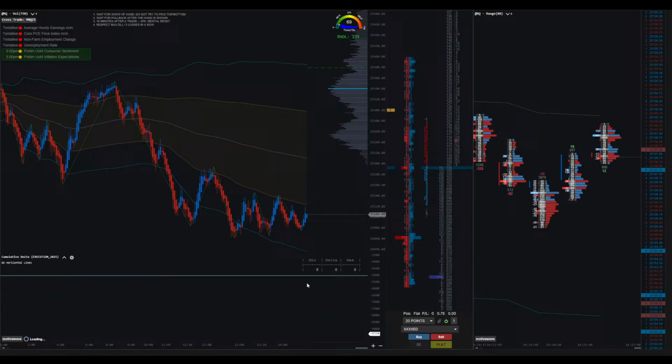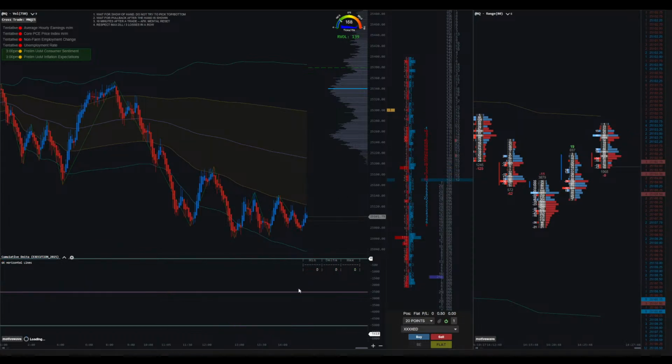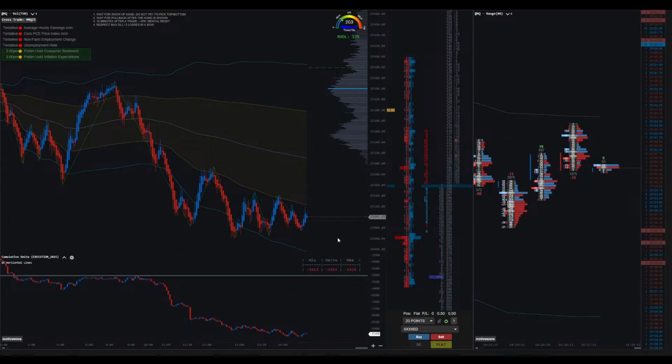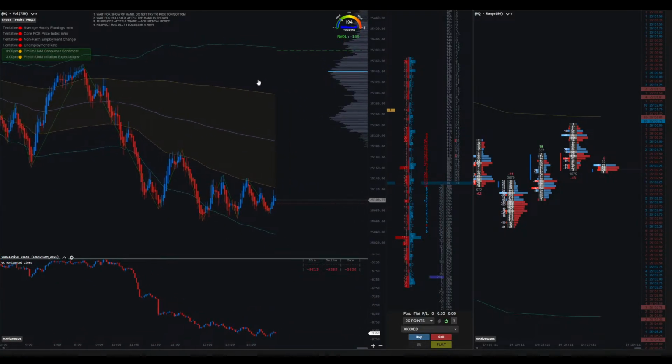Cumulative delta, quick look pre-market. What is it? Minus 5,500. Okay, good to know. Overnight, that's a pretty big number. Let's reset it for the pit open and go from there.